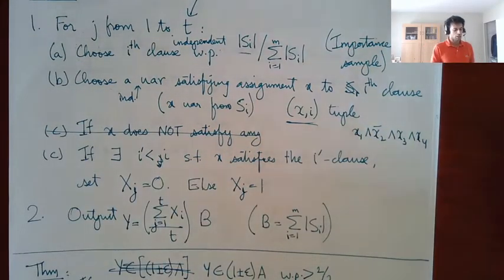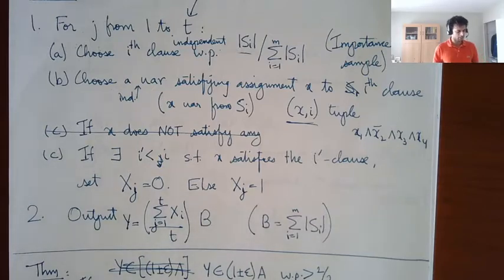How do you choose a uniform random element from Si? You could choose a random number of them to be satisfied from 1 to the length, and then for each of those, choose one of them randomly to be satisfied. Does that make sense?